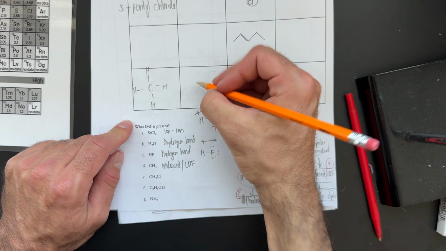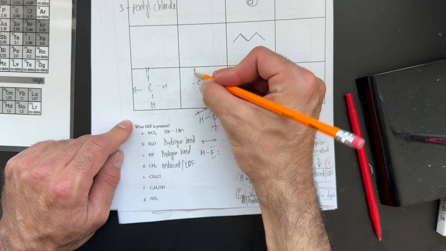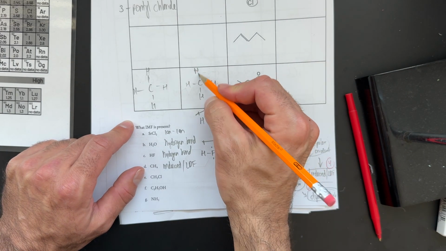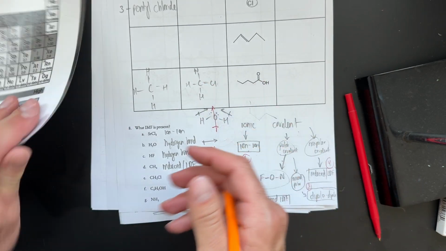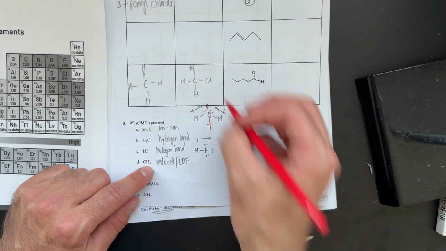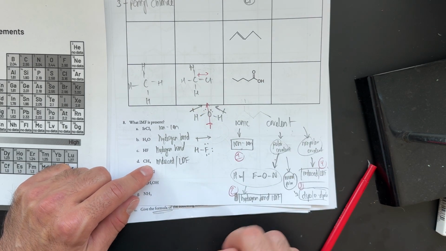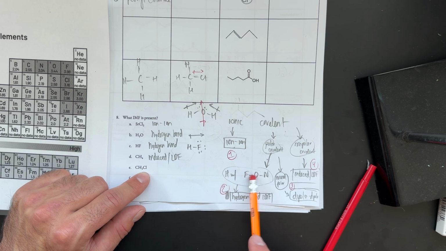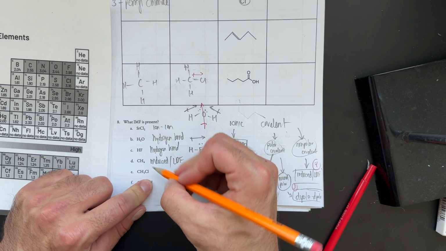Cool, and then let's just do this last one, CH3Cl. Again, we know there's no pulls here, but there is actually a big difference here between C and Cl. It's greater than 0.5, and so there is a pull here. Now, therefore we're polar. Is it H with F, O, or N? No, it's just normal polar. So therefore it's dipole.